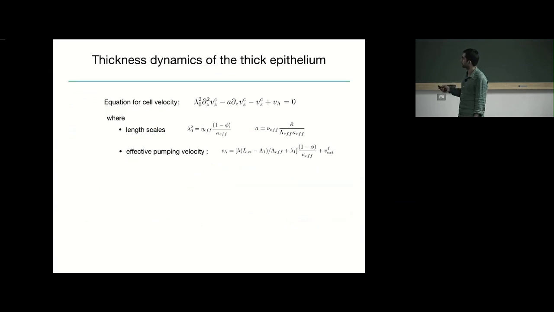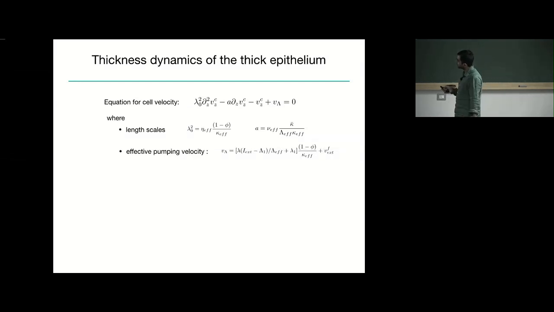So the thickness dynamics comes from the force balance equation; you will find that it boils down to this hydrodynamic equation for the cell velocity. And here lambda naught and A are both length scales, and V lambda comes out to be a characteristic velocity.